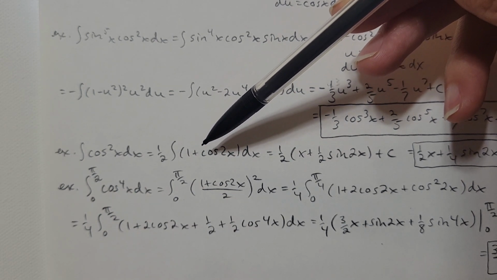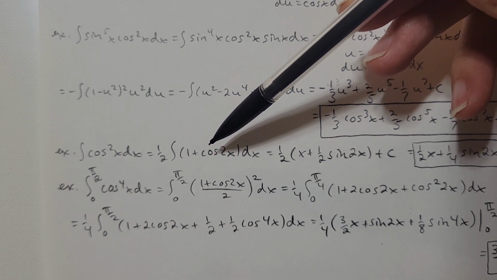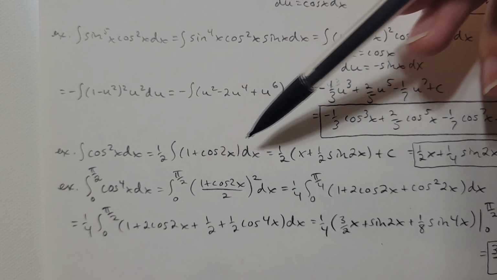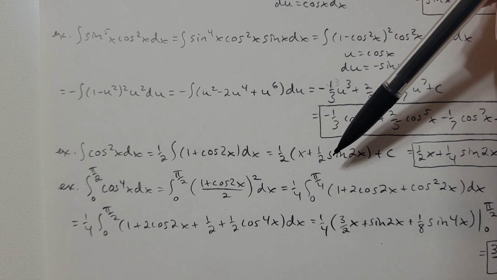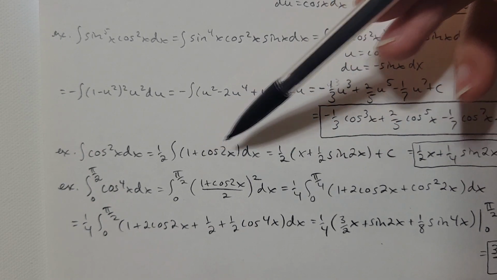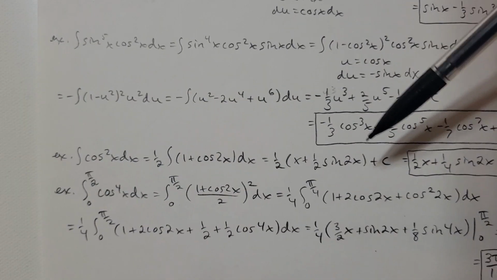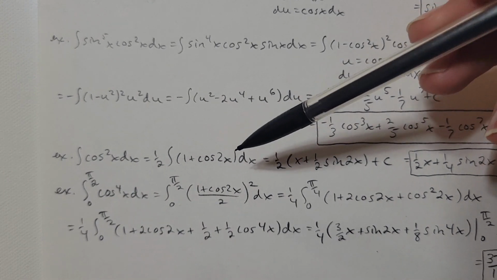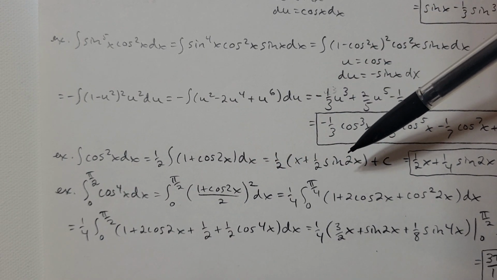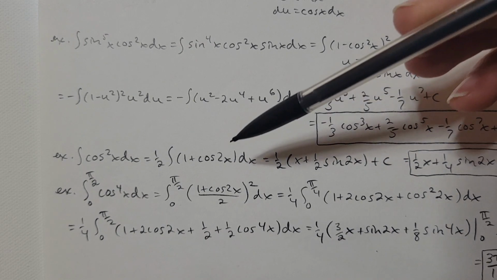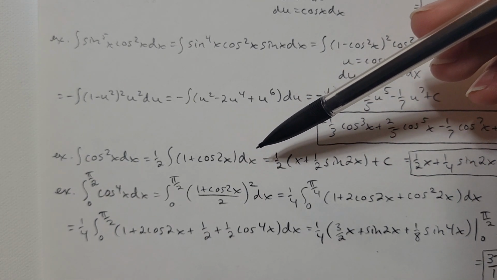So to offset that 2 that would be in front of the cosine of 2x part when I use the chain rule, I'm going to need a 1/2 in front. The 1/2 times 2 is 1. So the antiderivative of cosine of 2x would be 1/2 times sine of 2x. You could also use a u substitution on that. Let u be 2x.